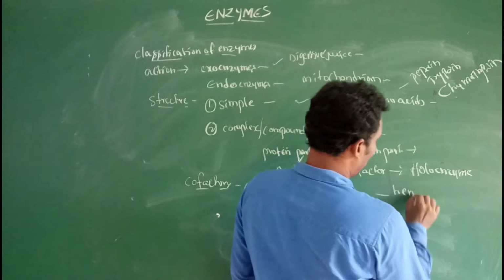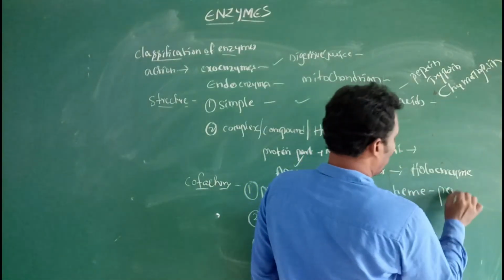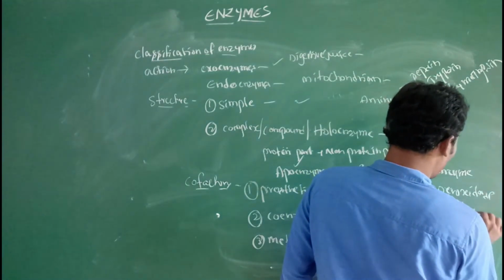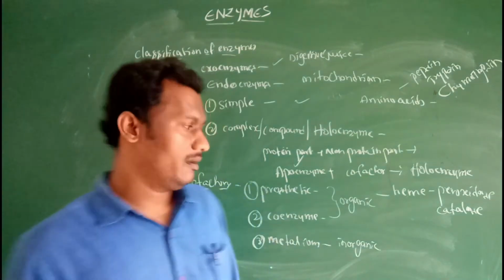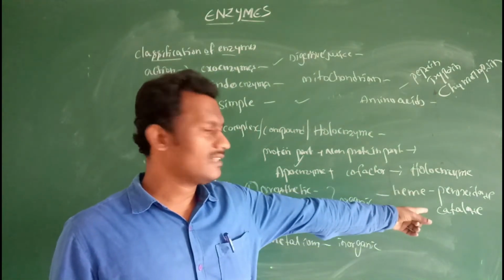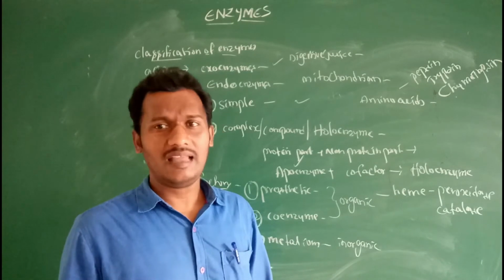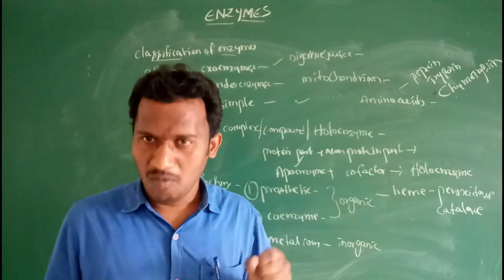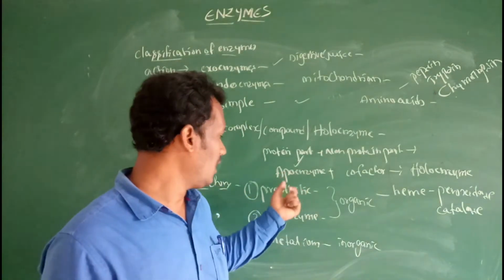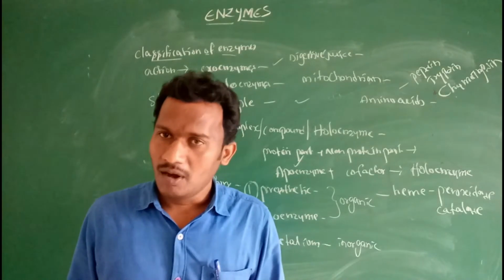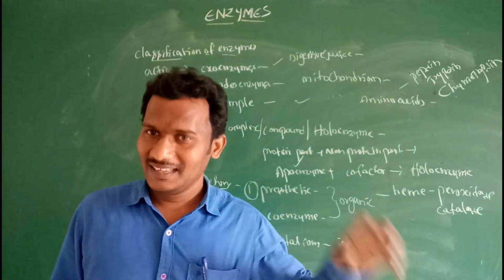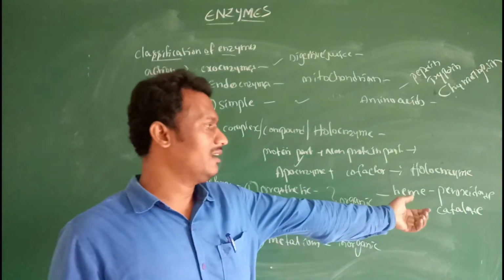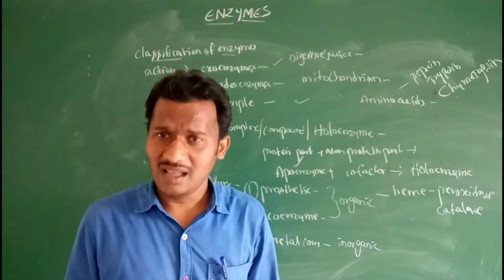Example, heme group in peroxidase and catalase enzymes, with iron metal, Fe.